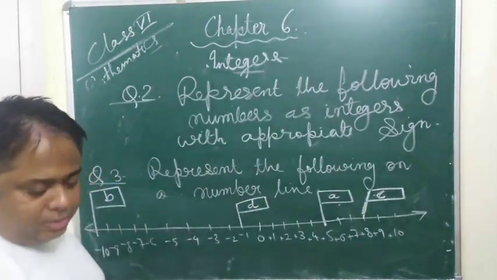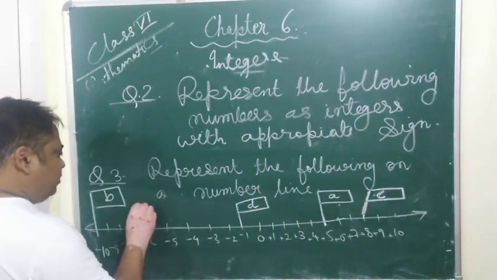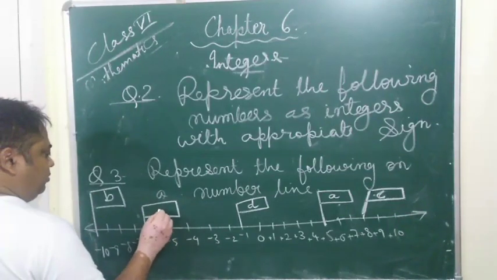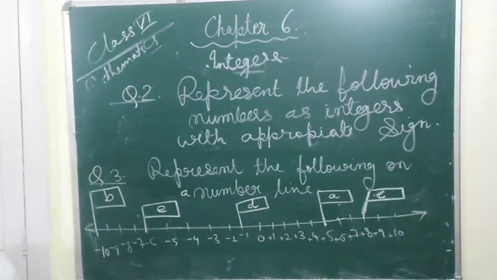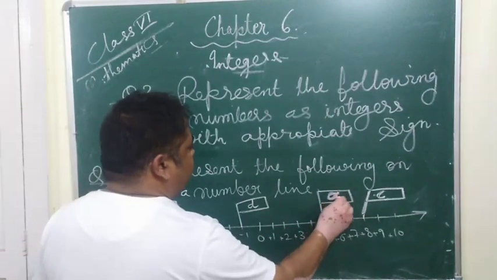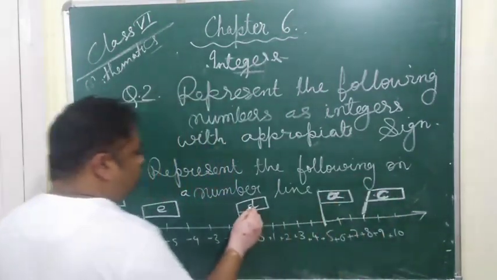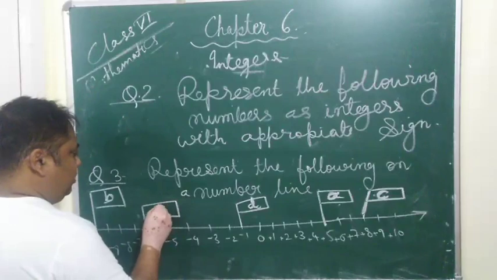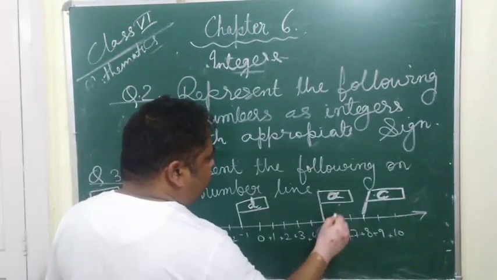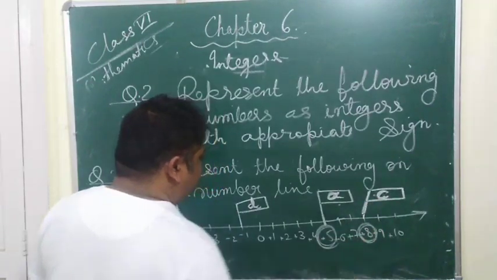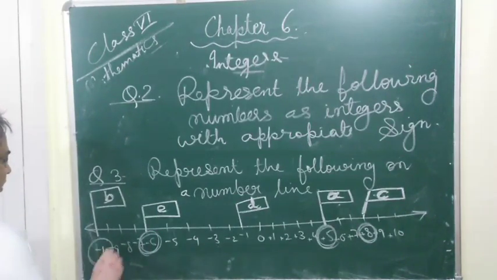D is -1. And E is -6, this one. So in this way we can show A, B, C, D and E, where A is equal to +5, C is equal to +8, E is equal to -6 and B is -10.